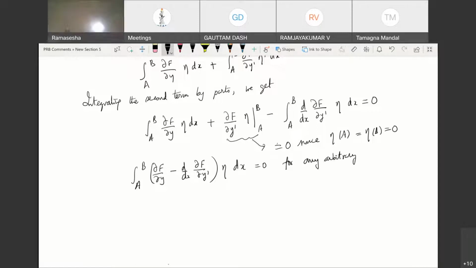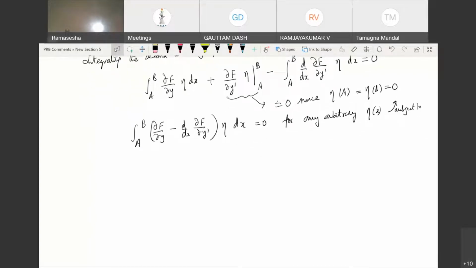Now I can use what's called the fundamental lemma of calculus of variations. It's a very simple lemma.